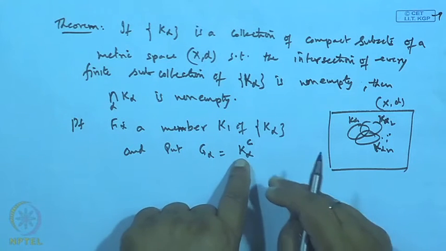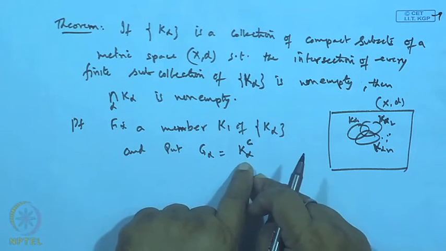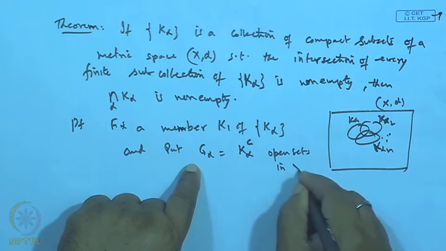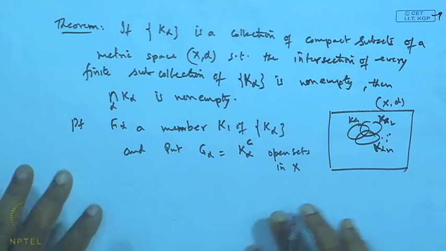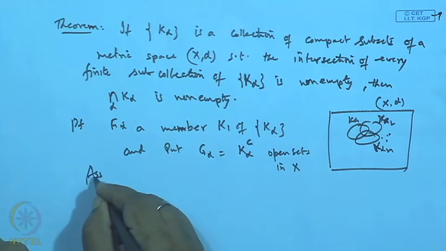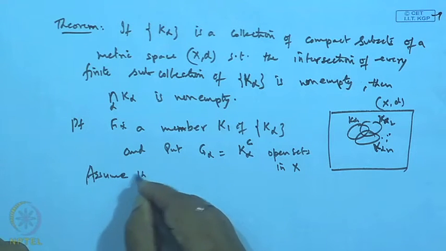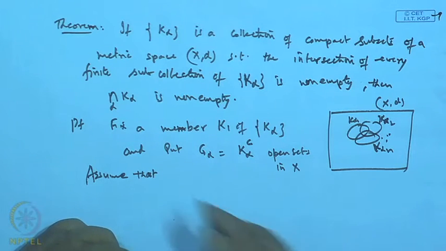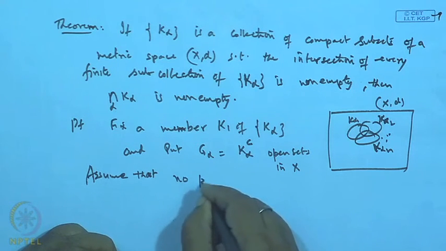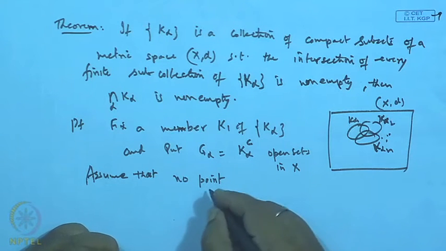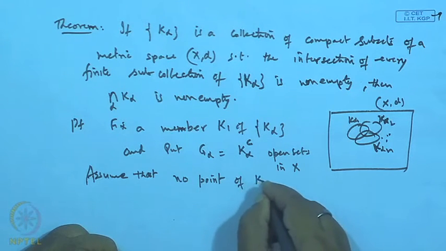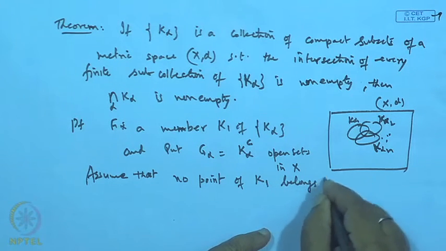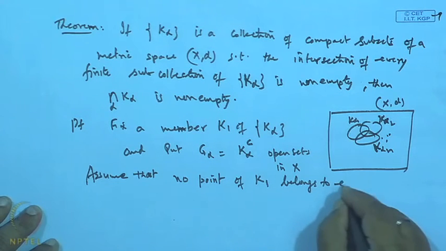Now K alpha is a compact set, so it is a closed set, so G alpha will be an open set in X. Now what we assume is that no point of K 1 belongs to every K alpha.